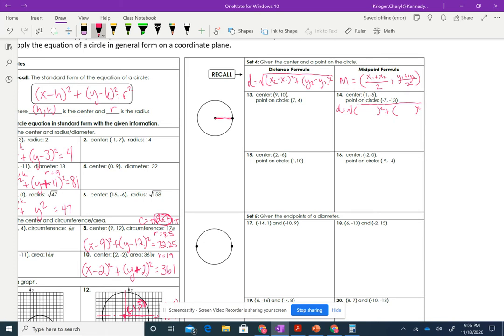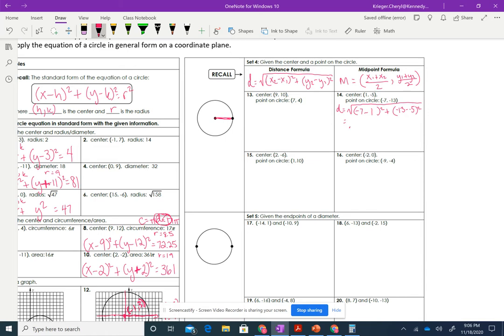So I'll do -7 minus 1 squared plus -13 minus -5 squared. So that's just using the 2 points that they gave us.